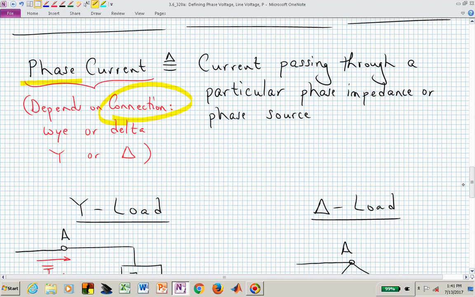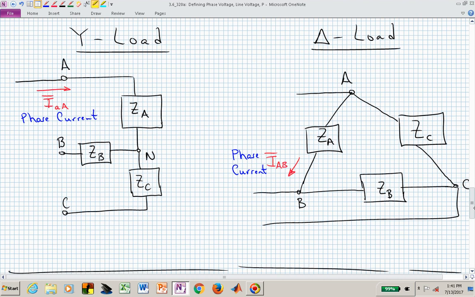It's defined to be the current passing through a particular phase impedance. For a Y-connected load, the phase impedance for the A phase is Z sub A. And for that reason, the phase current is I sub little a capital A for a Y-connected load. In a delta-connected load, the phase impedance for the A phase is Z sub A, but now the current flowing through that particular phase is I sub AB.